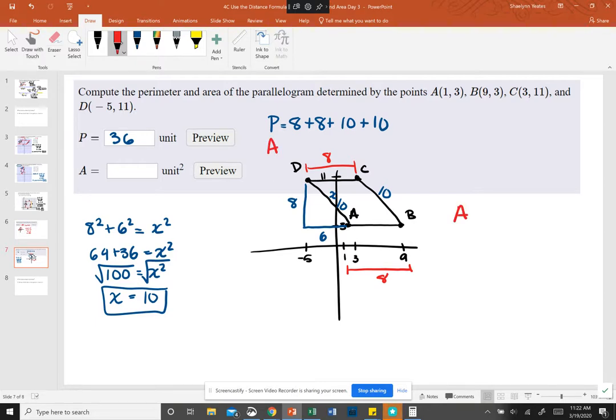So my area is going to be my base, which happens to be 8, times my height, which I'm not quite sure of yet, because my height is going to be from here straight down. Which if you look, we already have it. It's 8. So it's going to be 8 times 8. So that means that my area equals 64.